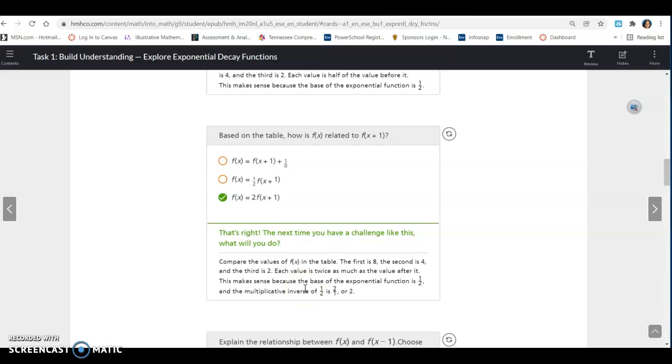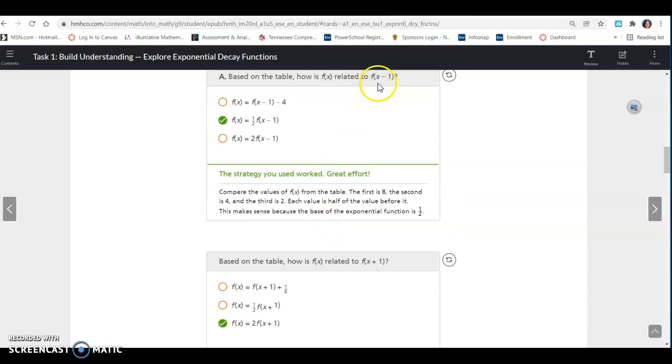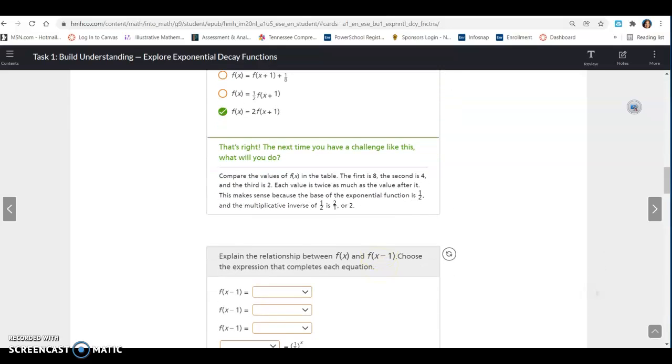Okay, so that makes sense because the base of the exponential function is 1/2 and the multiplicative inverse of 1/2 is 2. Okay, and again, this is the difference between going in one direction, x minus 1. That means you're subtracting 1 from your x, and this means we're going the other direction, we're adding 1.